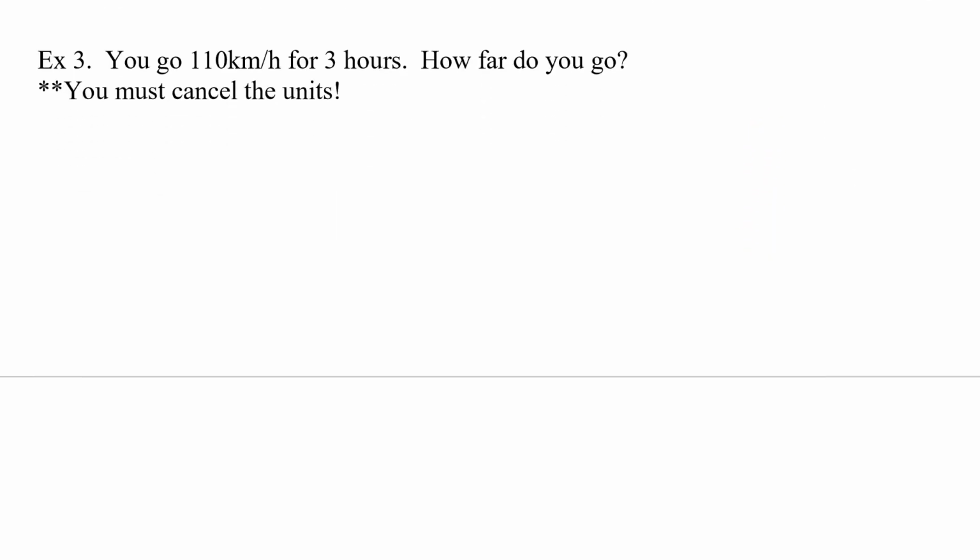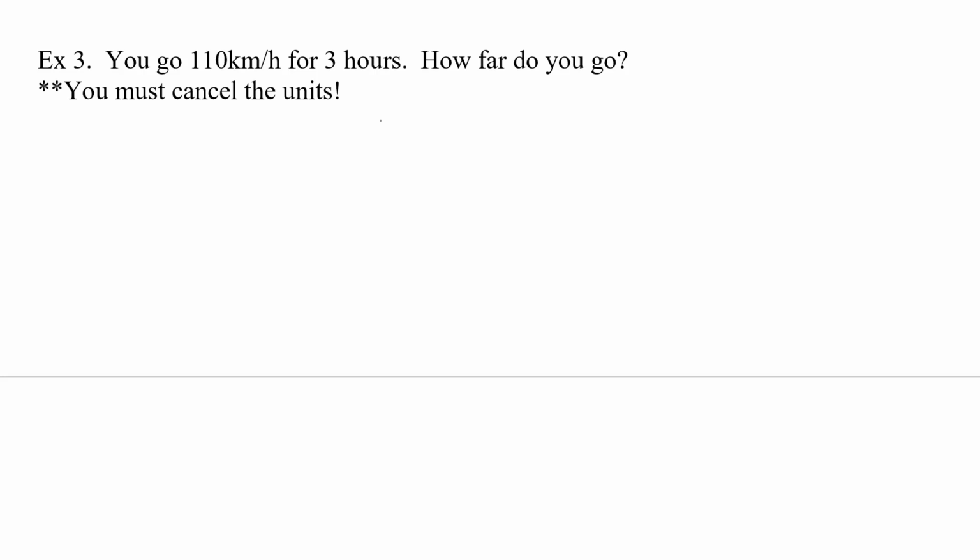So last but not least, example number 3: you go 110 kilometers per hour for 3 hours, how far do you go? Now, easy peasy lemon squeezy, you might say 330 kilometers, because you just multiply it by 3. That's awesome.